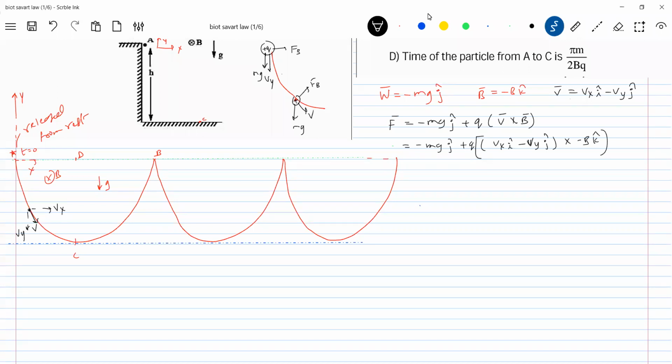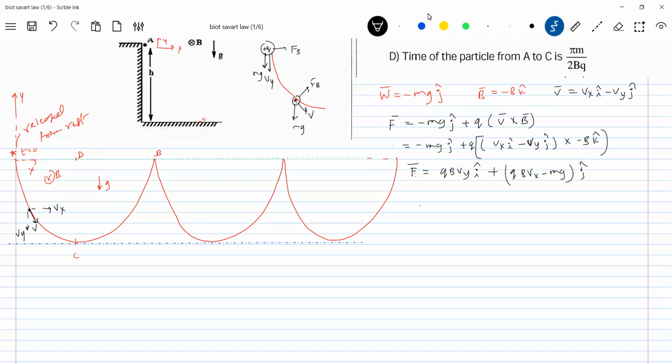Let me further expand this. So i cross k, this will be, so if I solve it, I'll end up with everything. This is qV cross B minus mg j cap. Okay, first let me write the i component. So F bar should be equal to qB Vy i cap, qB Vx minus mg j cap.